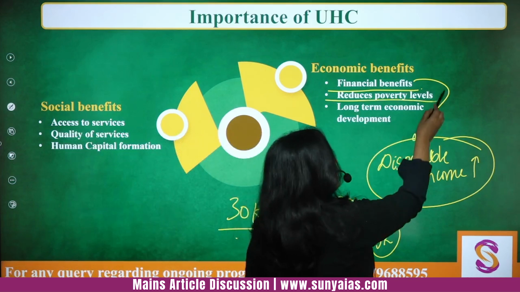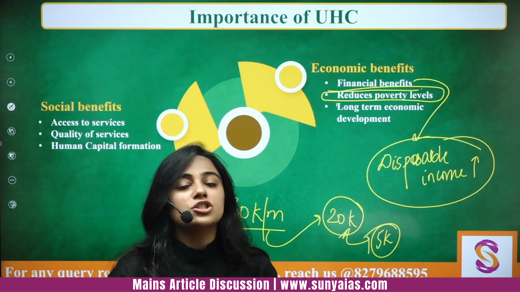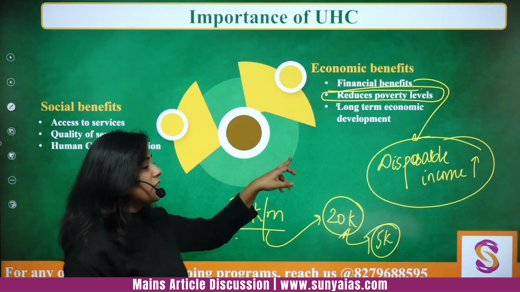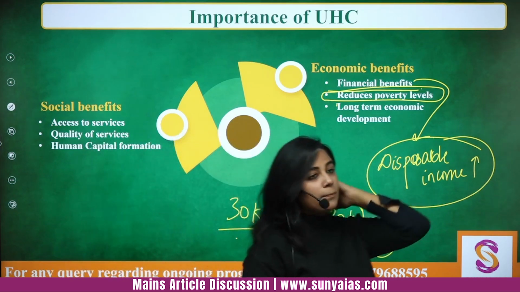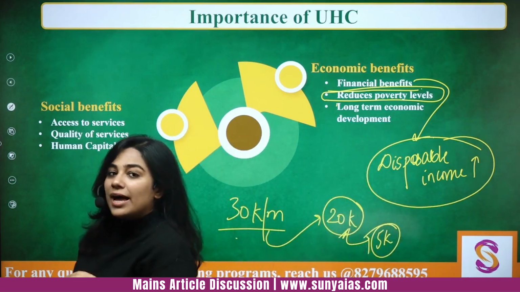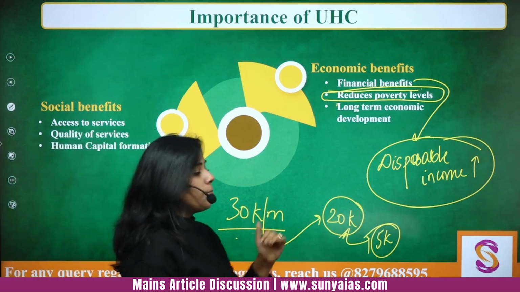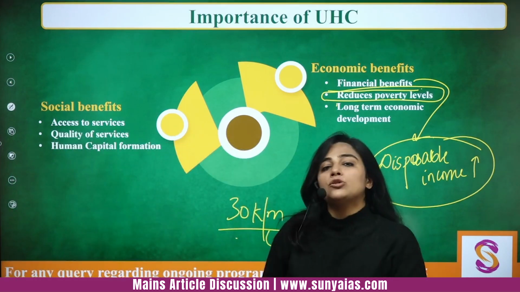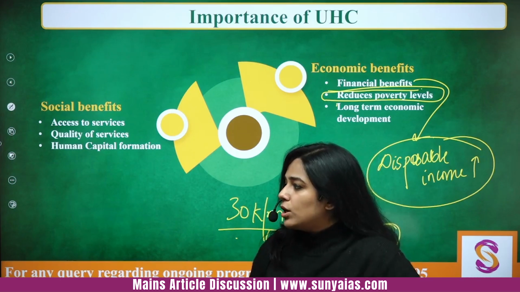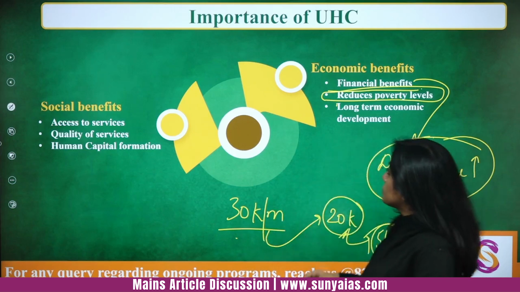Then poverty levels are also reduced. Very important. It leads to reduction in poverty level, and during COVID-19 it was seen that because of high out of pocket expenditure, despite the Ayushman Bharat scheme, the high out of pocket expenditure led to many people going back to poverty, right? Because their health expenditure was so much.